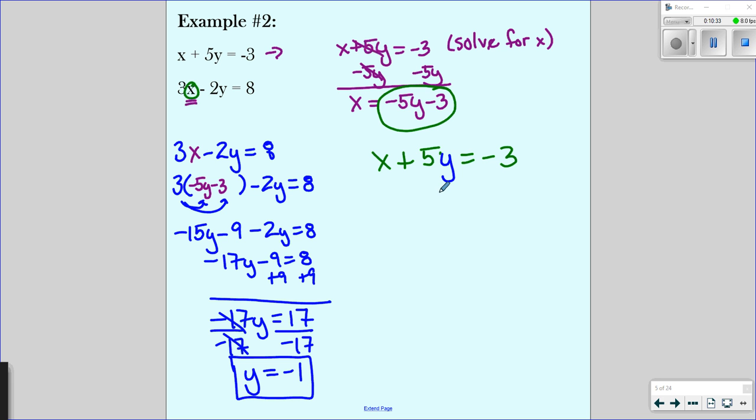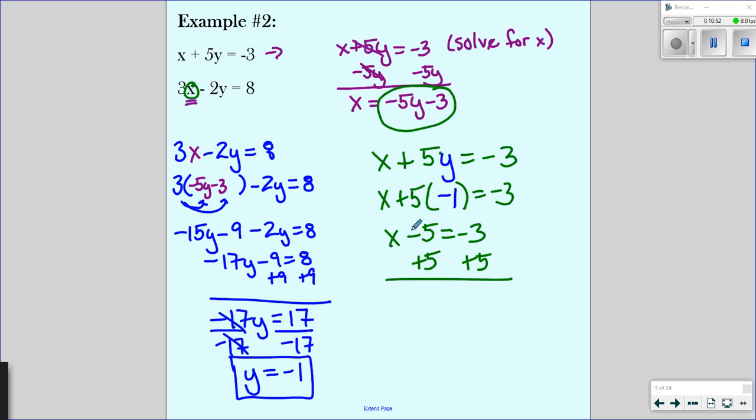And I'm going to put that in underneath, and then the rest I'll bring down. So x plus 5 times -1 equals -3. And then I'm going to solve for x. This gives me x minus 5 equals -3. Add 5 on both sides. Cancel. And you get 2.